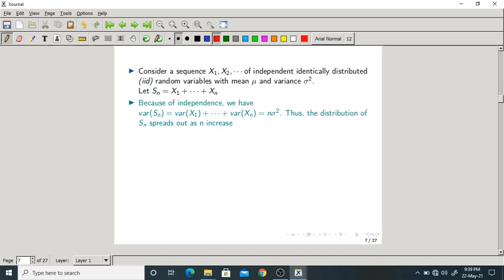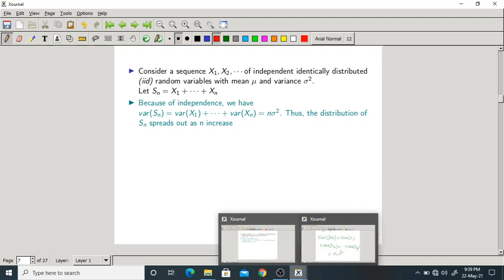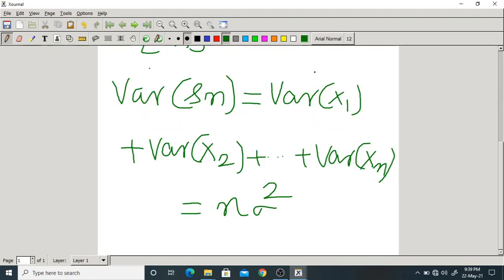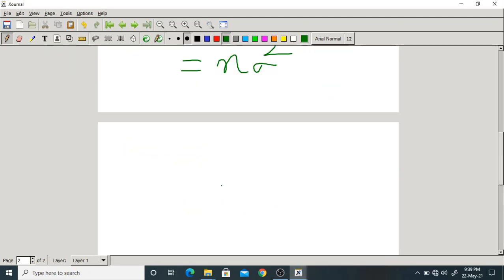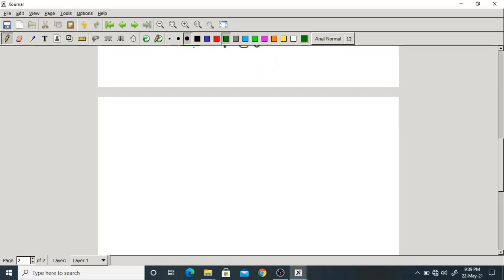So Sn is having a mean n mu and a variance of n into sigma square.